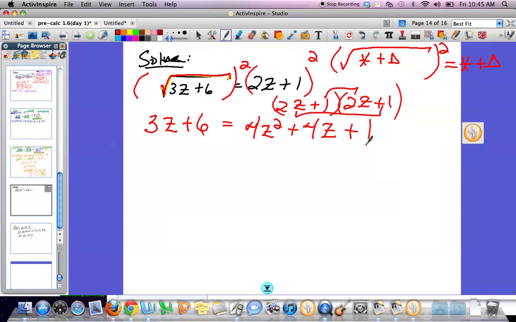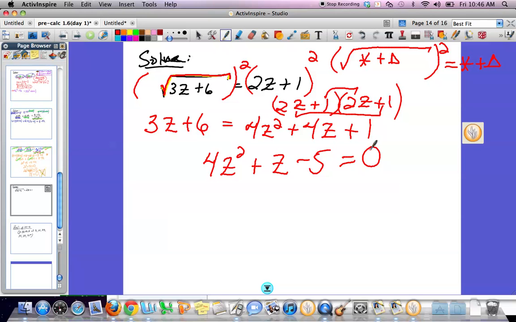I like my quadratic coefficient positive, so I'm going to push everything to the right, and I'll have 4z squared plus 1z minus 5 equals 0.